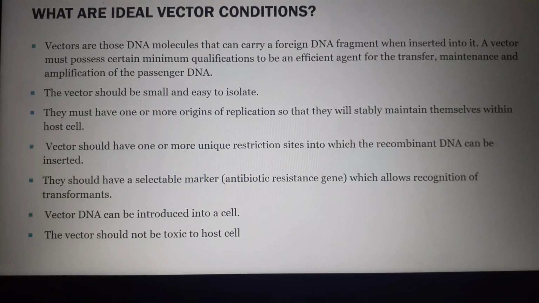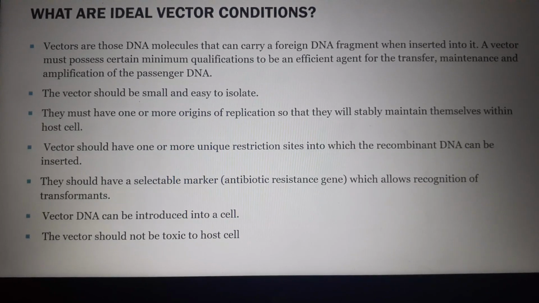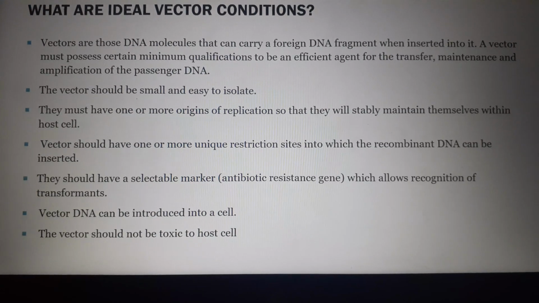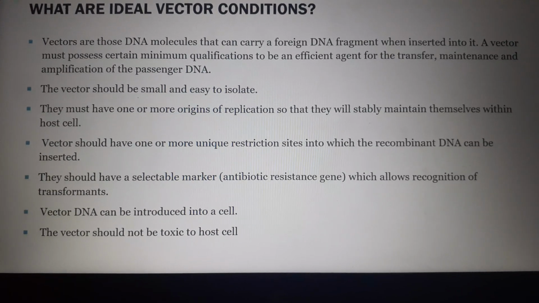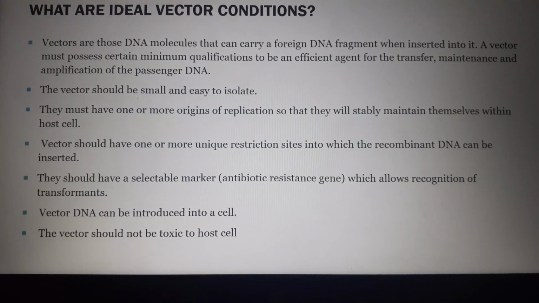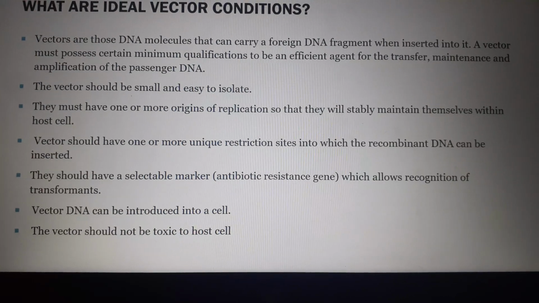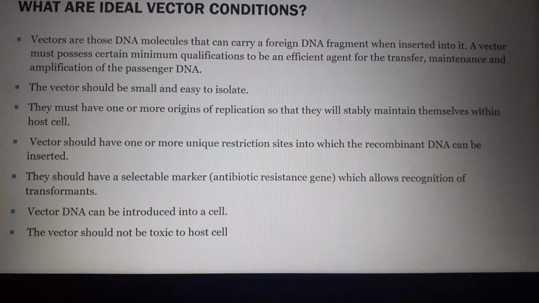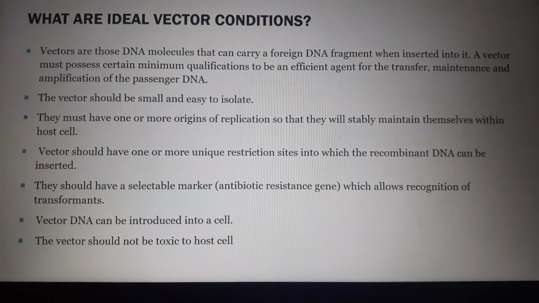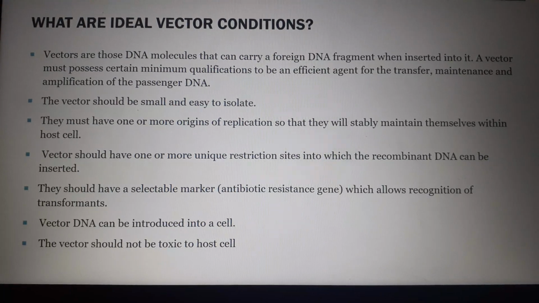So, what are the ideal vector conditions? We have learned about what vectors are. So, what are the ideal conditions a vector should have to clone a DNA? Vectors are DNA molecules that carry the foreign DNA fragment which I have selected and inserted into it, and a vector must possess certain minimal qualifications for effective transfer, maintenance and amplification of passenger DNA.